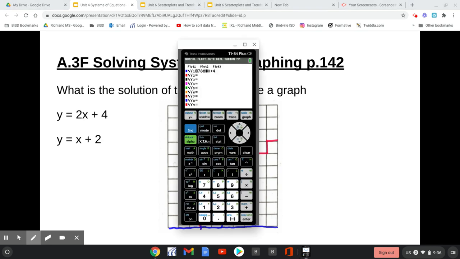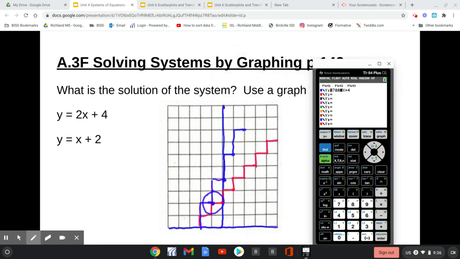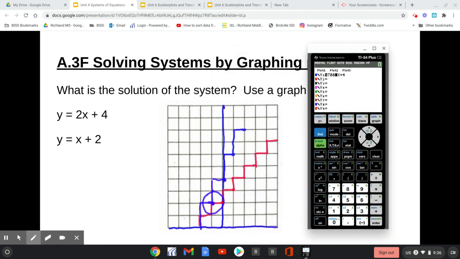Let's just get the old calculator out because it's easier, and it's not as crazy as all this. So we're going to hit y equals, and I'm going to clear all this out of here. In fact, I'm going to hit second plus 7, 1, 2. Clear out my calculator. I'm going to hit y equals. I'm going to put in 2x plus 4.